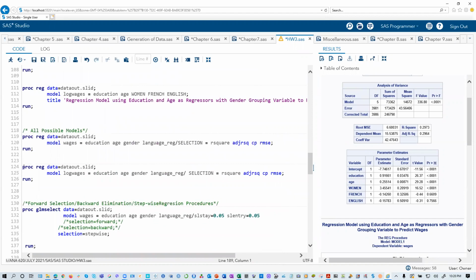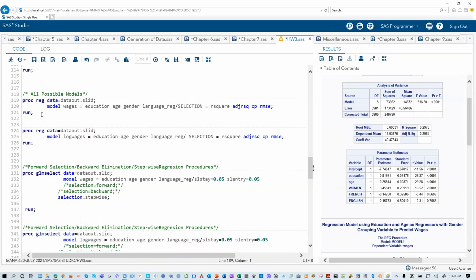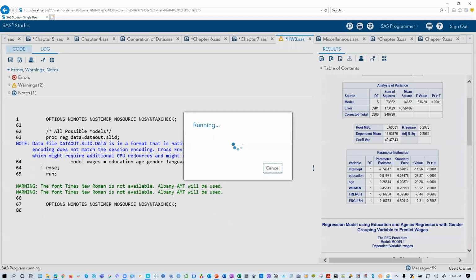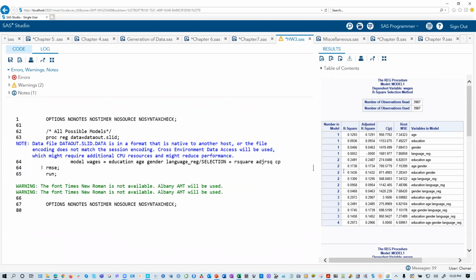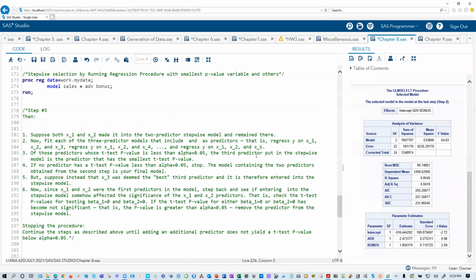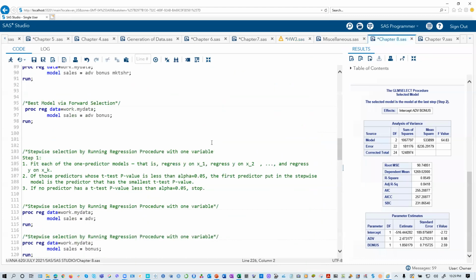Okay, this one up to there. Good. All possible models. Let's try to get the all possible models. This is very hard to look into, so let's narrow this down and keep the best one.